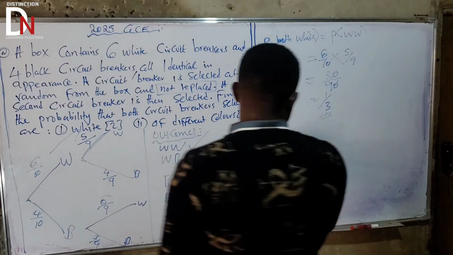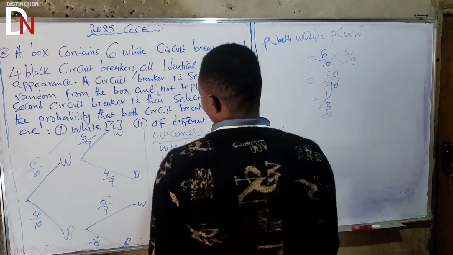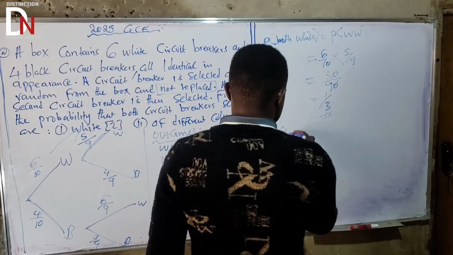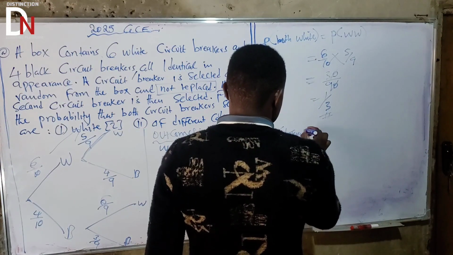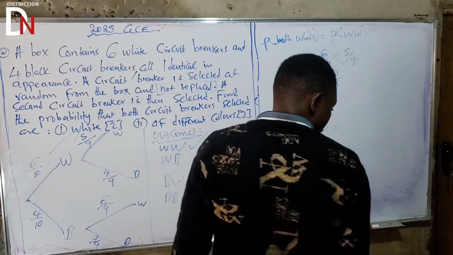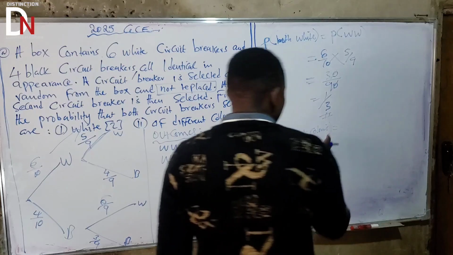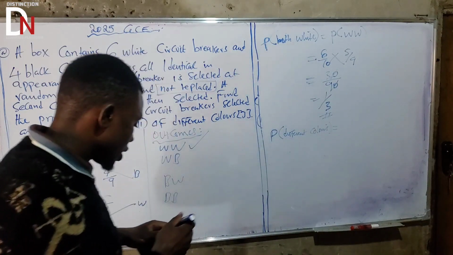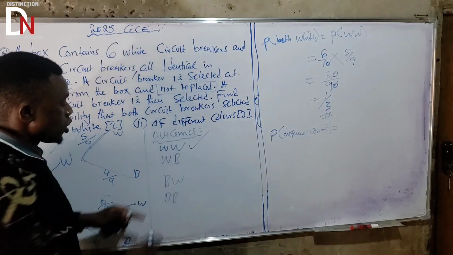Next, we have to find the probability of different colors. So how do you now represent the probability of different colors? We look at the outcomes as usual. We check. We have white, white.